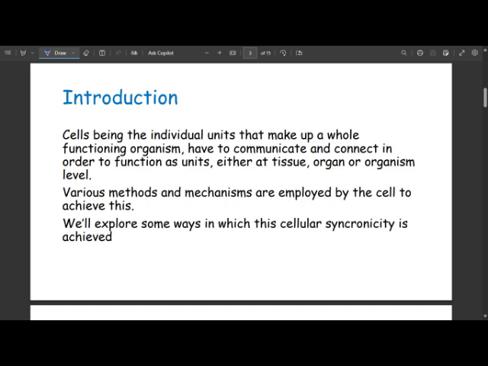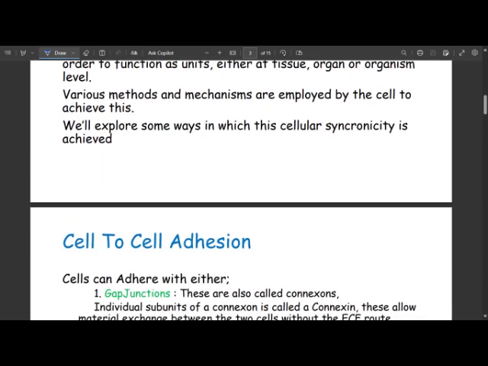The cells need to communicate and act as one. So how do they achieve this? These cells are adhered together, as you see in tissues, and these cells are also able to communicate with each other so that they can act in a sequential manner, or in synchronicity. That's what we're going to explore in this video.